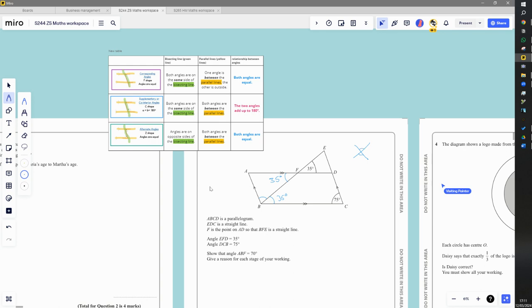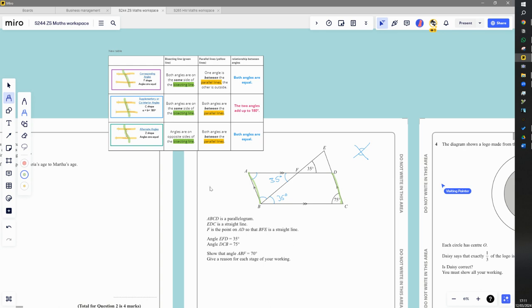So lastly, we can do this angle here because of the other two lines, A to B and D to C, or in fact E to C, are parallel. So because they're parallel, this is a bit difficult to explain.